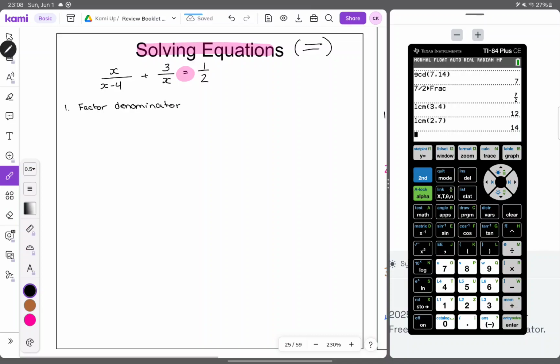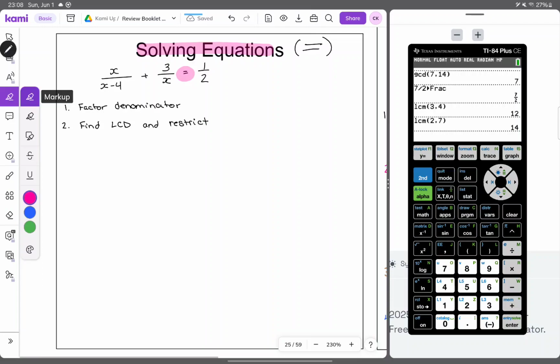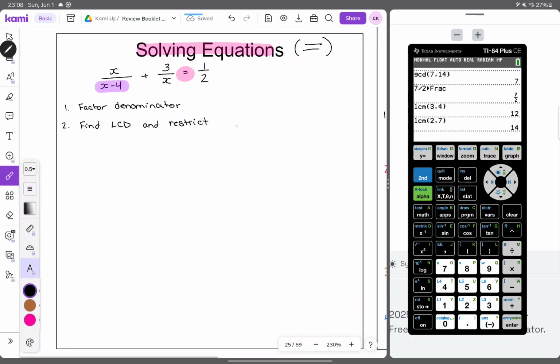In this case, there's nothing to factor, so we can go to step 2, which is you're going to find your lowest common denominator and restrict. Okay. So you can see I have kind of 3 different denominators here. I have an x minus 4, so that needs to be my lowest common denominator.